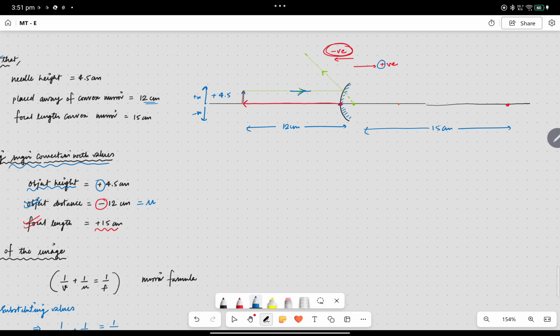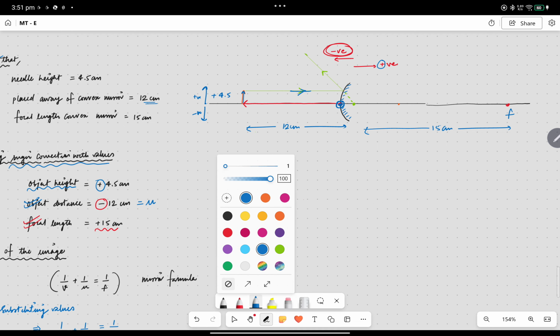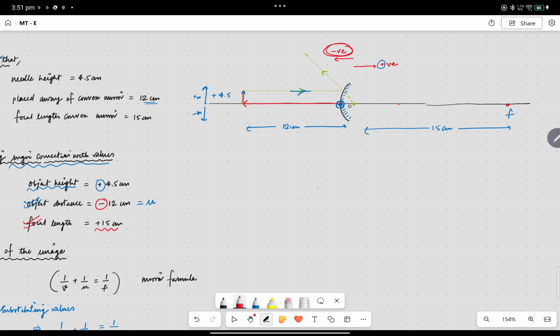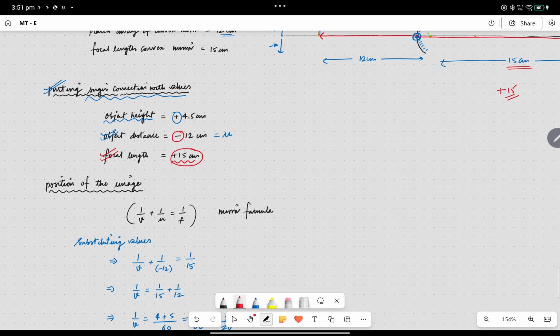Once you have seen this, you have to go to the pole and measure the direction, going in the direction of the image from here to the focus. Once you reach there, you will see that you went 15 centimeter away from the pole in the positive direction. So positive 15 you have to write for focus, right?